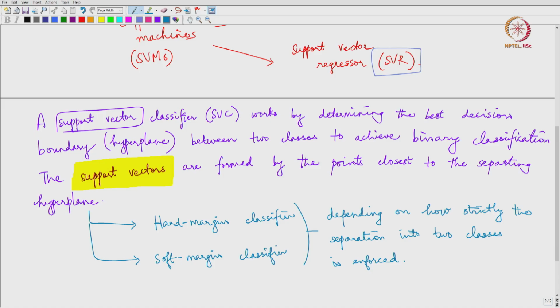In a hard margin classifier you are very strict about it, in a soft margin classifier you allow a certain bit of leeway, and that helps you in model training. Training becomes easier, the model becomes more generalizable. So, that is the understanding behind this.